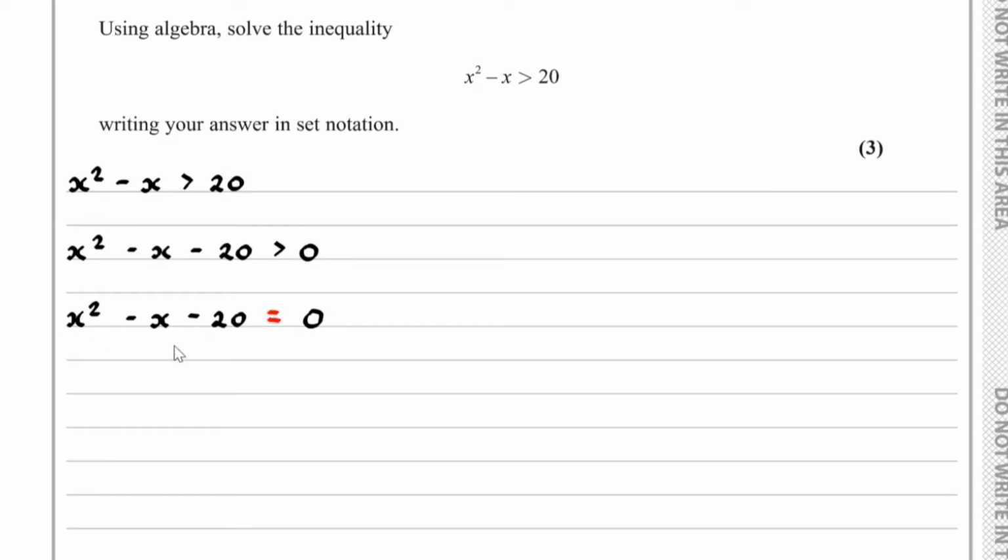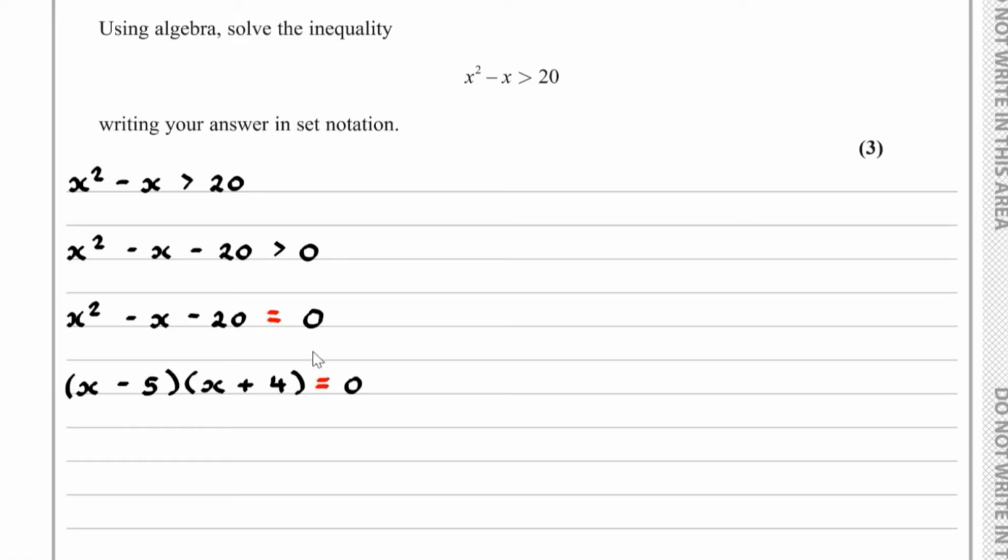So when we come to factorize as the product of two brackets, x squared minus x minus 20, we have x minus 5 multiplied by x plus 4, and this, of course, is equal to 0.